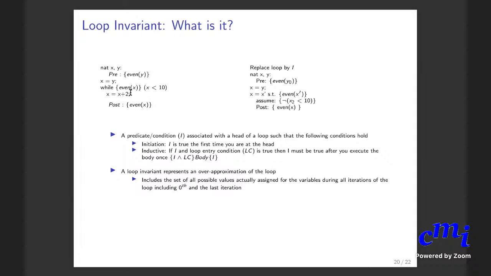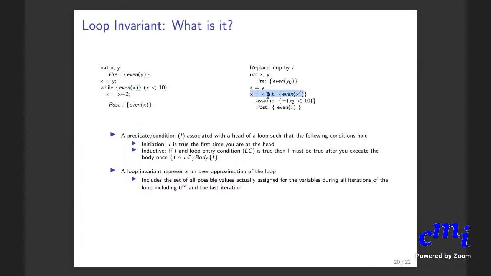It may not precisely capture the exact values that are assigned, but certainly the values that are actually assigned during any of the iterations have to satisfy this particular predicate. In that sense, it's an over approximation, and you can use that now to check this.